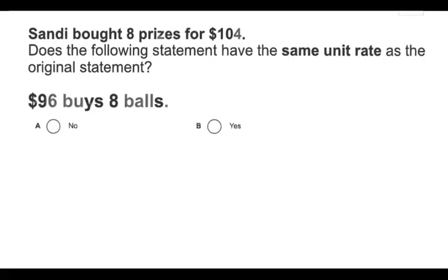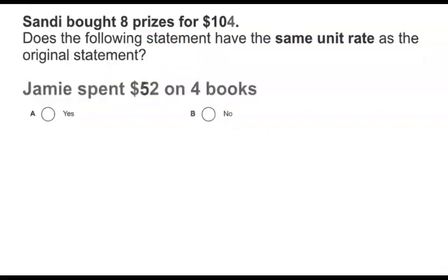She bought 8 prizes, and that matched up with the fact that this person purchased 8 balls. But if they're the same, then this needs to be the same also. So once again, without even having to scale it down to a unit rate, we can see clearly that the answer is no on this one. It is not the same. Absolutely not.